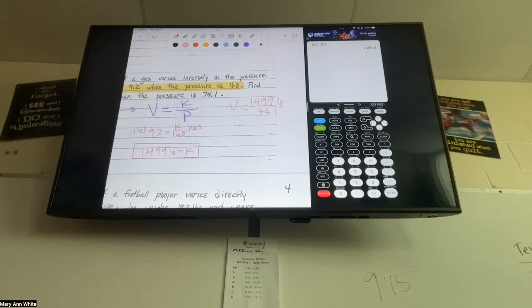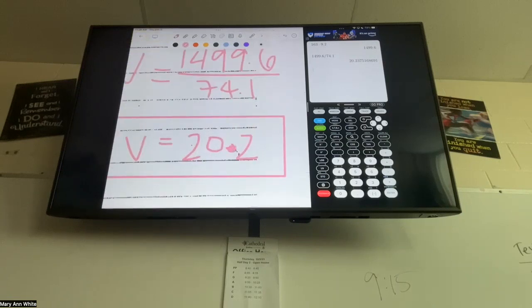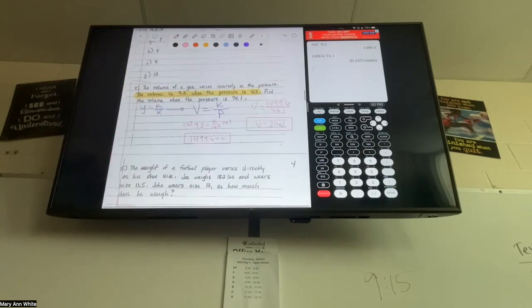We're going to divide those two numbers. And we get volume equals 20.2. We'll leave it like that. I don't know what my units are here. It's just 20.2. Well, it's volume. Yeah, and it doesn't tell us what it is. So we'll just leave it at 20.2.